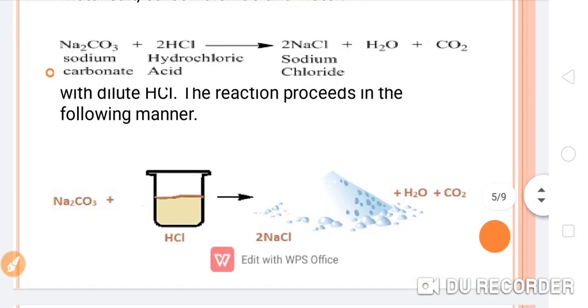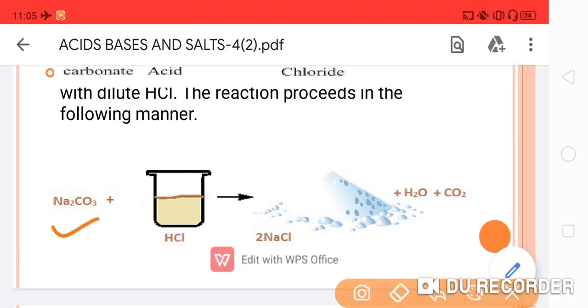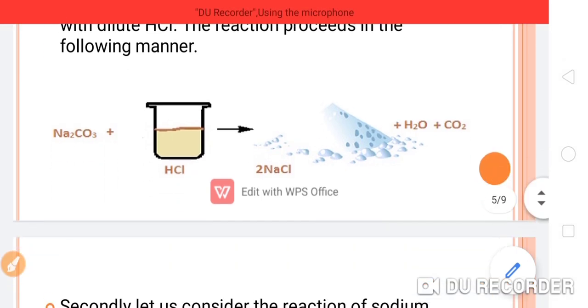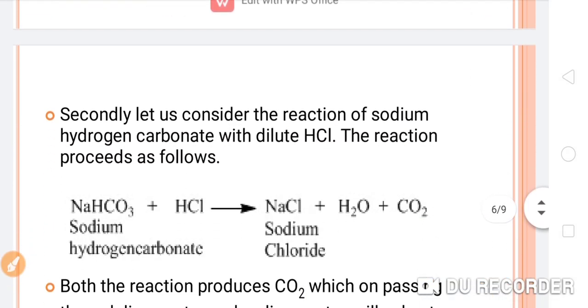Similarly, let's see the reaction here. Sodium carbonate when reacting with HCl converts into the respective salt, that is NaCl, water and carbon dioxide gas is formed. Next, second reaction.